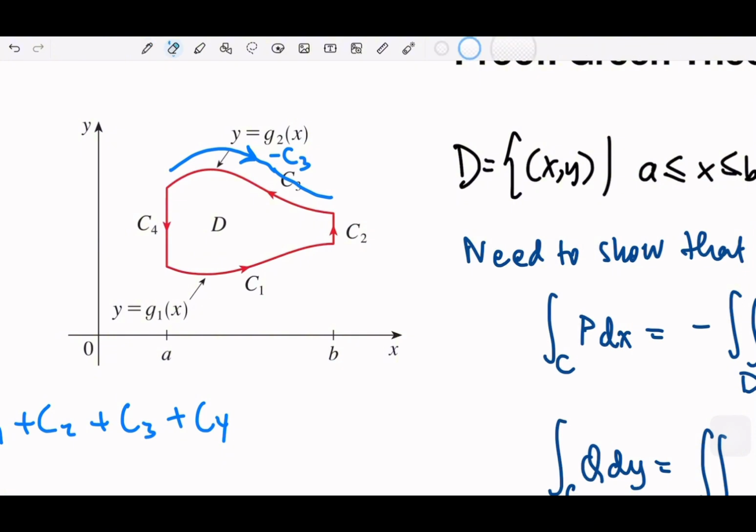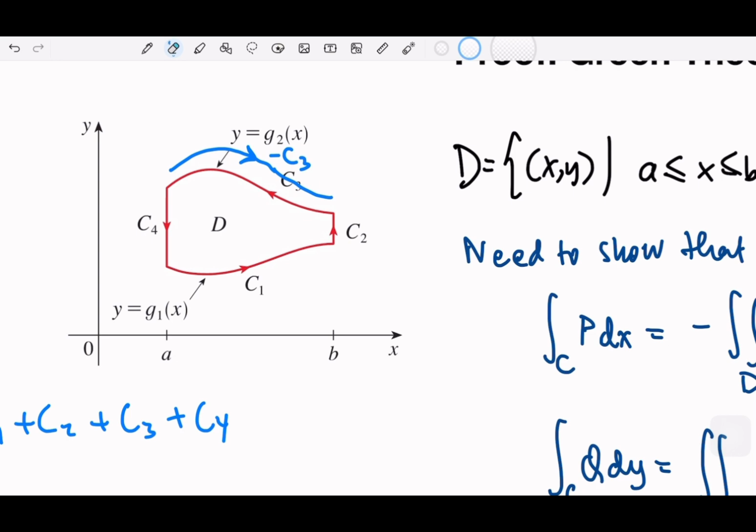Or if you would like to stick with right to left, it's okay, but you need to change the signs, because if you see the whole integration, we need to add all these curves: line integral C1, line integral C2, C3, C4, right?